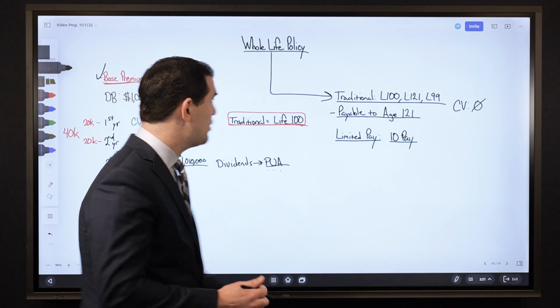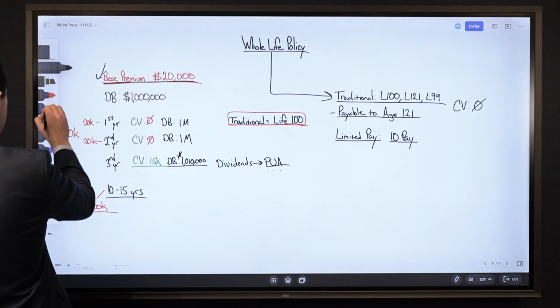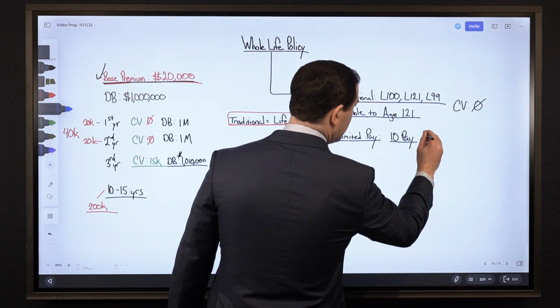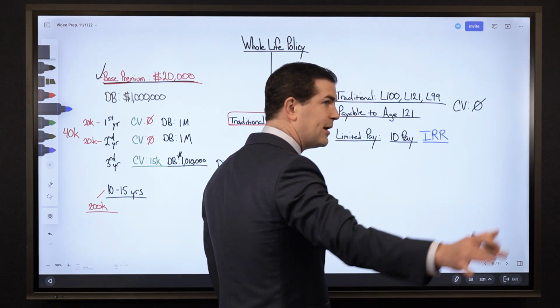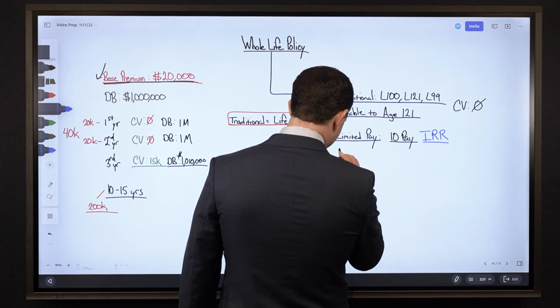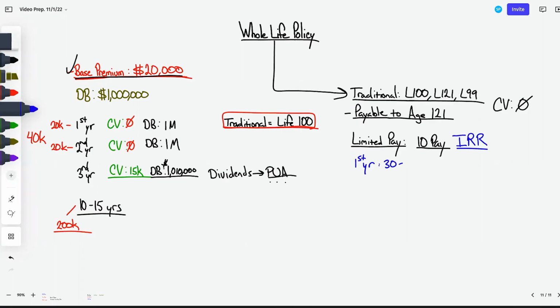Because even when we focus on the base premium alone, what you'll see with a limited pay product is, A, they often generate the strongest internal rate of return compared to more traditional products, with all things being equal: same company, same individual, same out of pocket. But what you'll see is in the first year, instead of a 0, you'll often see somewhere between 30 and 40% of whatever that premium is show up in cash value.